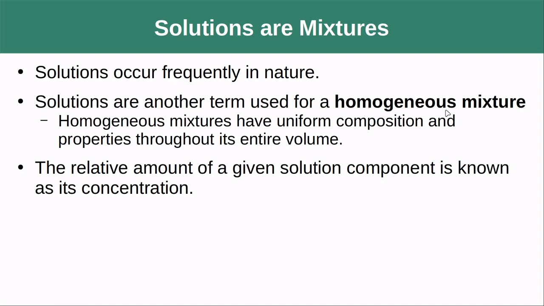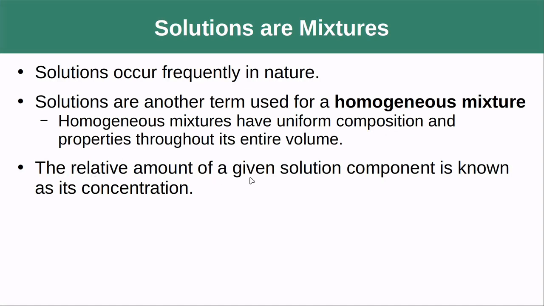If we go back to the definition of a homogeneous mixture, this means that it has a uniform composition and the same properties throughout its entire volume. And chemists really like this type of behavior, right? That means I can take whatever sample I want from the homogeneous mixture, and I know it's going to be the exact same as any other sample that I take from it.